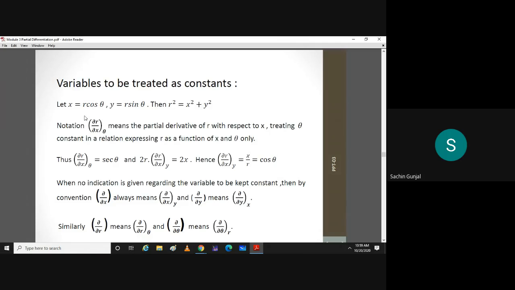Okay. So if x is equal to r cos theta and y is equal to r sin theta, then we can observe that x square plus y square is r square, because cos square theta plus sin square theta becomes 1.